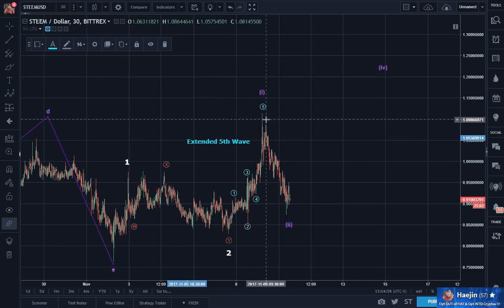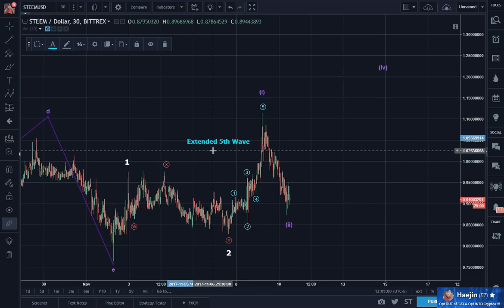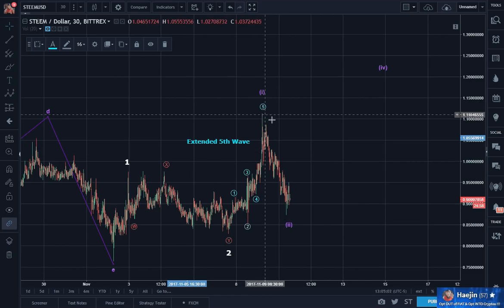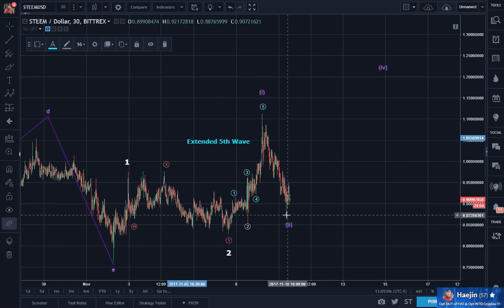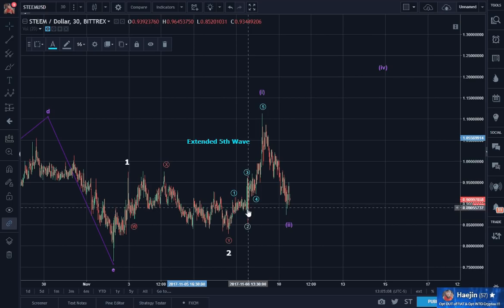When wave 5 is extended, you can expect a retrace to go to wave 2 level, which is where it went to, in that wave 2 price region, right here.